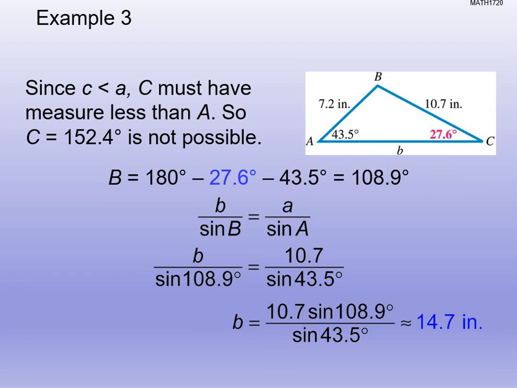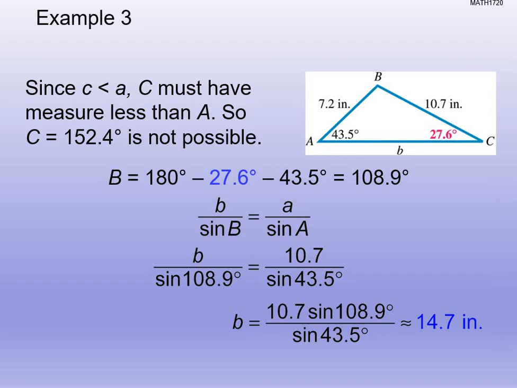So, not too hard. We had to validate whether the second triangle was going to exist or not. It did not in this case, but it did in example 2. Examples 2 and 3 are the same procedure, the same double checking. In example 2, we were able to get 2 triangles, and in example 3, we were only able to get 1 triangle.